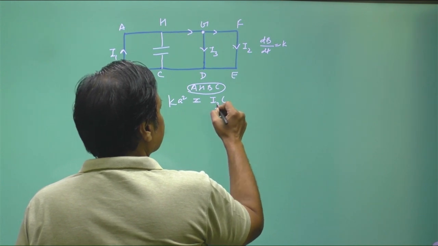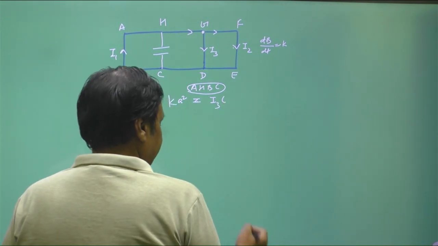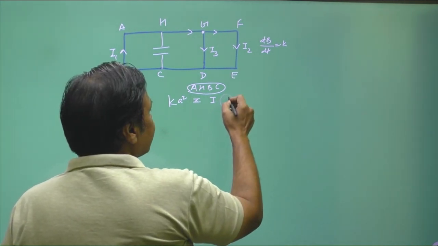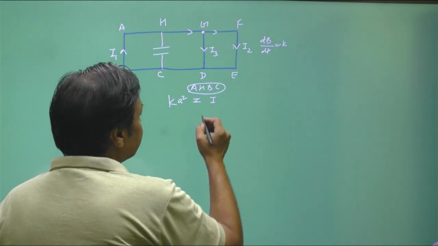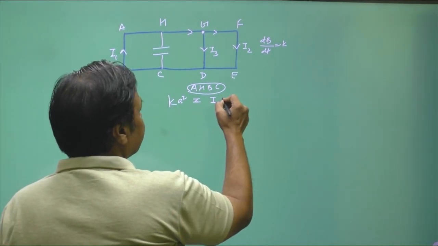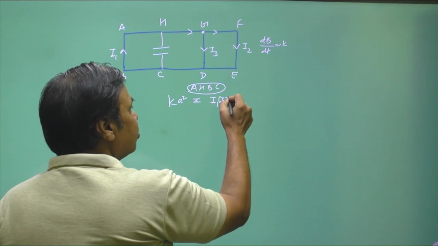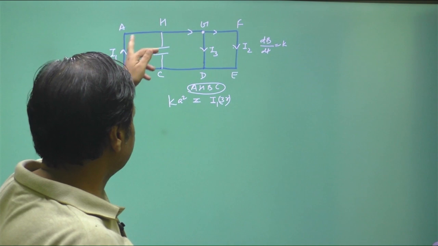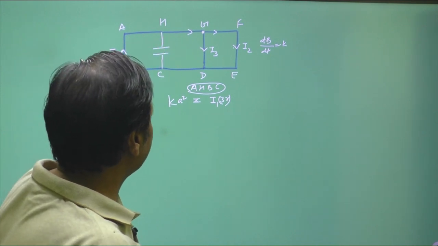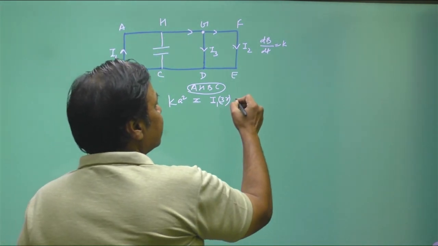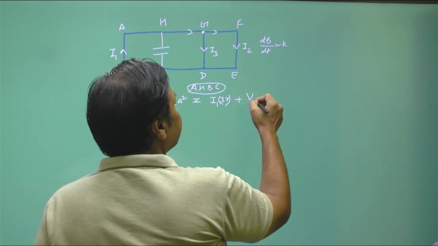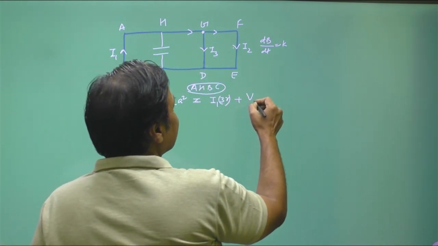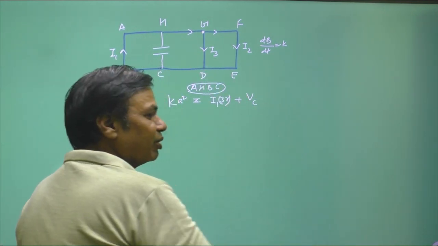So this current is I1 and this voltage is being used by this I1 through these three wires and the capacitor itself. So this is voltage Vc, voltage consumed by the capacitor.